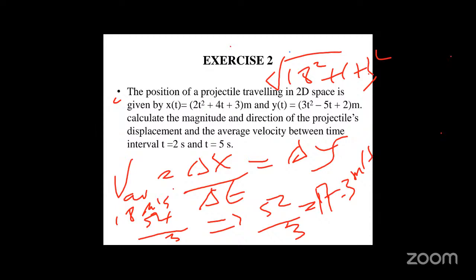If we add them together, that is 624. The square root of 624 is 24.97. So the magnitude of the average velocity is 24.97 meters per second.